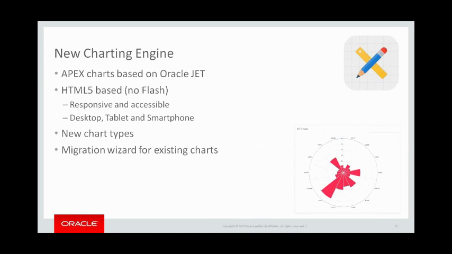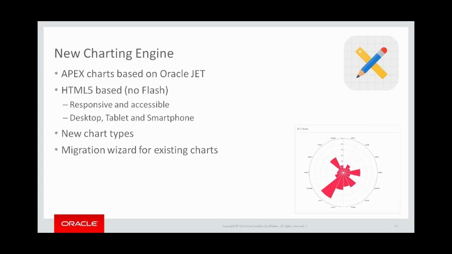Another component will be the new charting engine. Currently, Apex charts are based on AnyChart. And since Oracle announced Oracle JET at last year's Open World, the Apex team decided to take Oracle JET as the new charting engine. So the Oracle JET charting engine provides, again, modern, state-of-the-art charts, which are HTML5 based, responsive and accessible, and which run on every desktop, tablet, or smartphone, and in every browser.